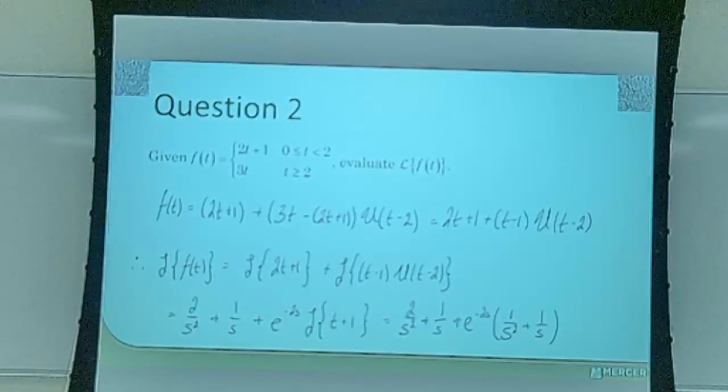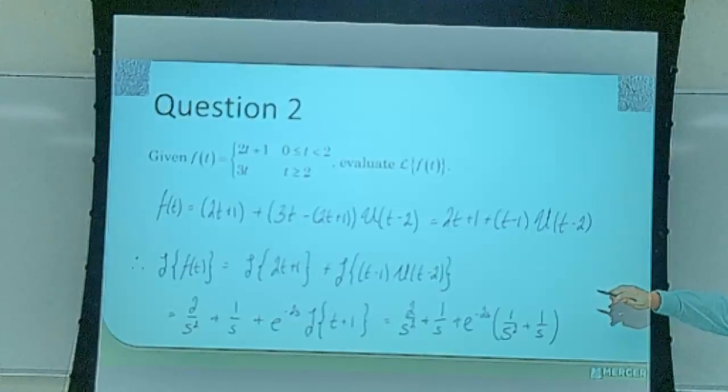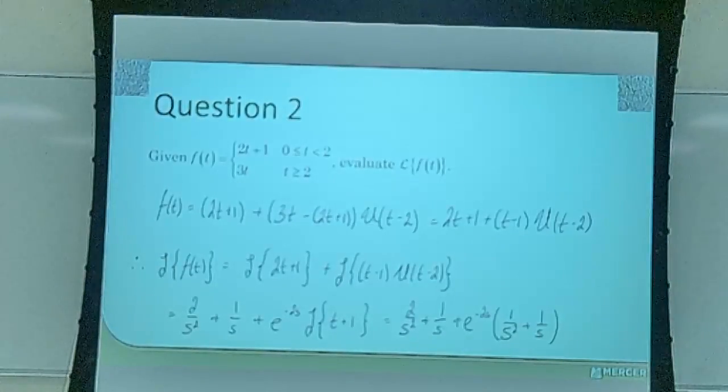You'd have u of t plus 1, and then t minus 1 is still t minus 1, so it would just be negative 2. So if this was u of t plus 1 instead, then t would be replaced with t minus 1. So it'd be t minus 1 minus 1, which becomes t minus 2. Okay, yeah. Got it.